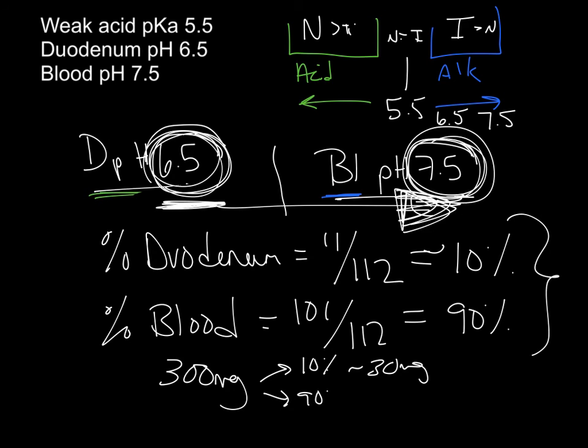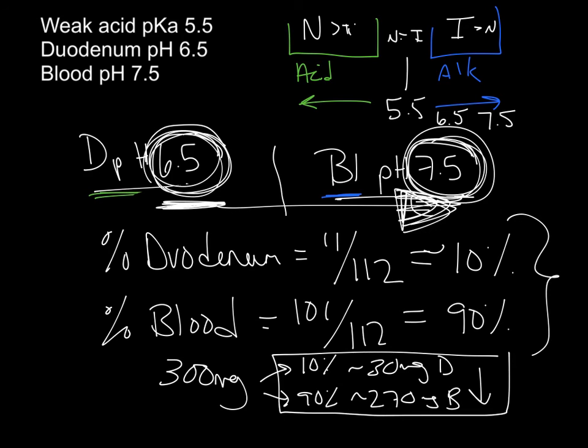And 90%, so about 270 milligrams of the drug, is going to be in the blood. So again, the clinical question we may ask is, will this drug absorb well from the duodenal lumen? Well, yes. If all other things are considered equal, this drug will move from the lumen into the plasma and then be trapped and stay there.